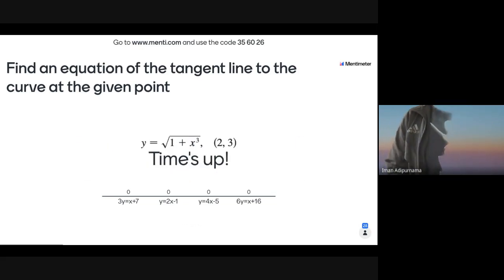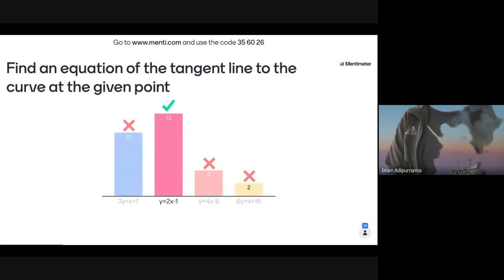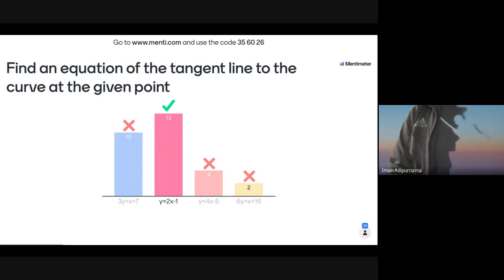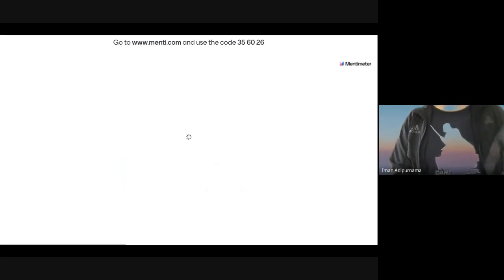I hope you get it correct. Okay, most of you got it correct. In the classroom, you got it correct. Okay, let's go to the next question.